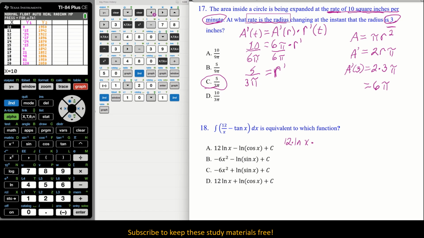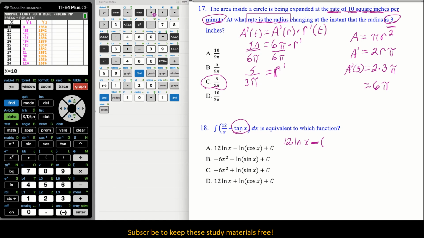We have a subtraction, but the tangent on its own becomes negative natural log of cosine x.